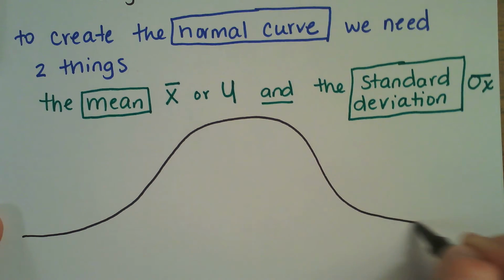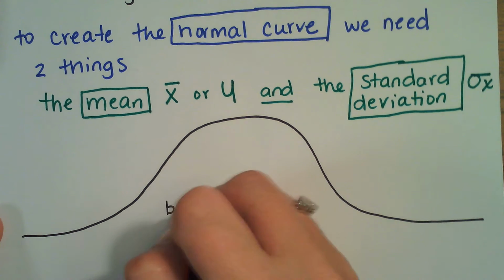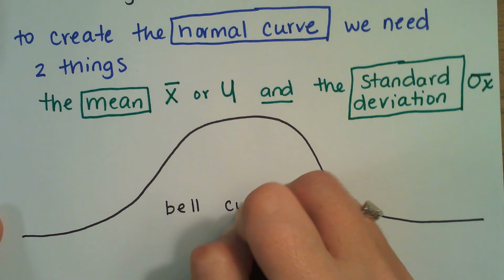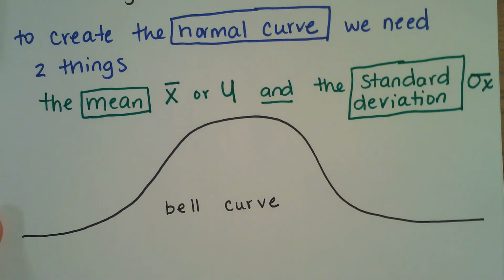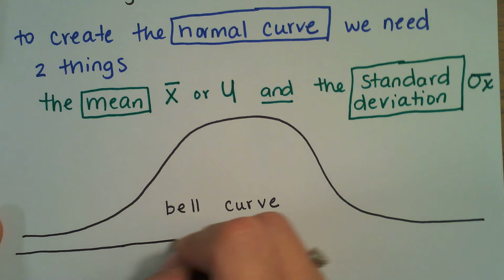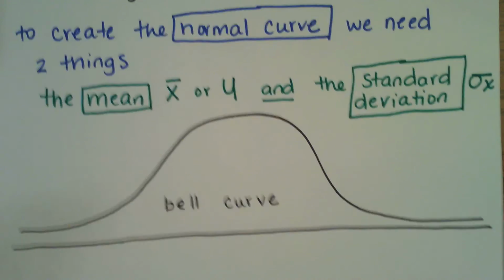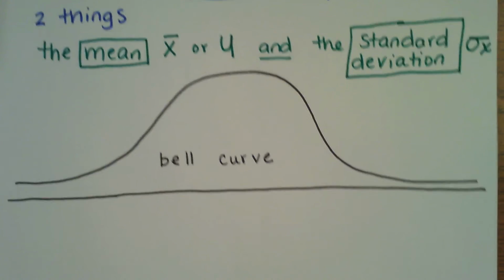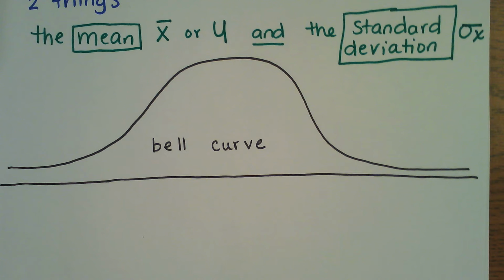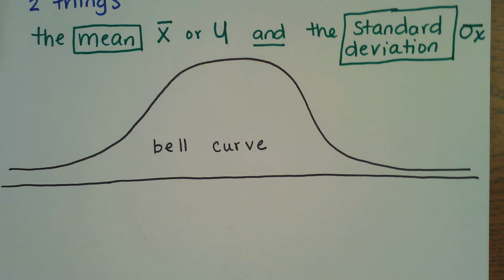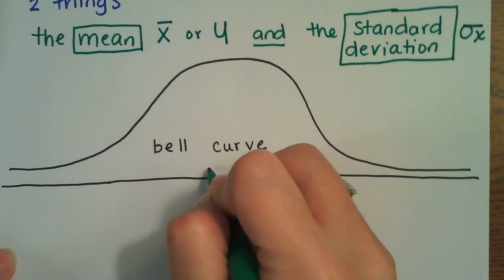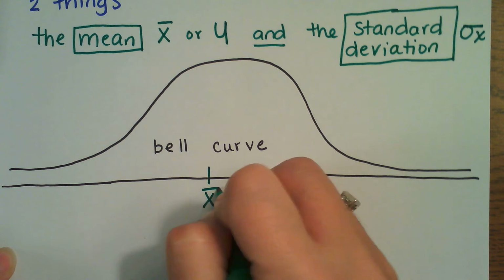It's called a bell curve, because it looks like a bell, I guess. And we're going to put the mean in the middle.